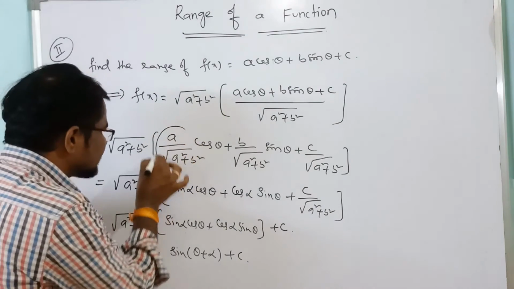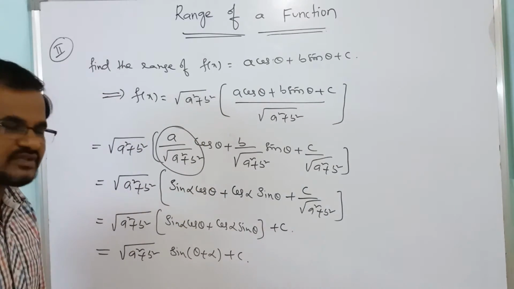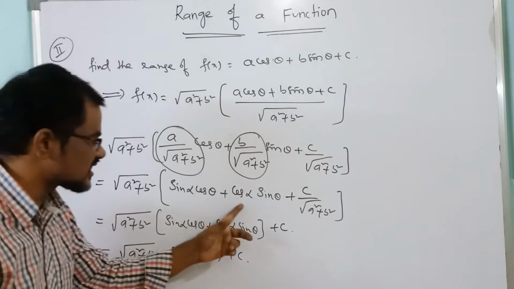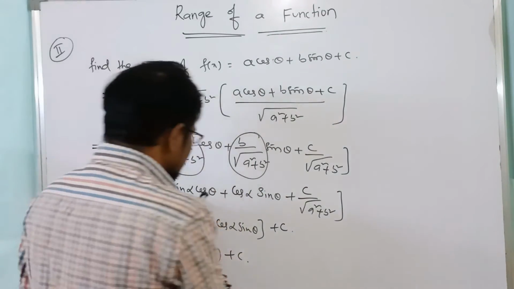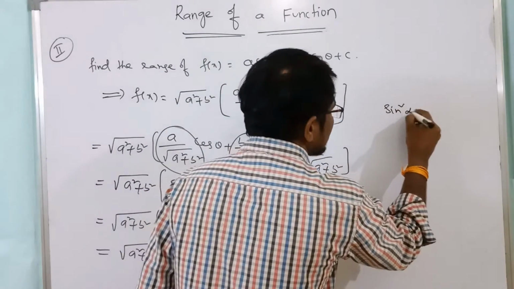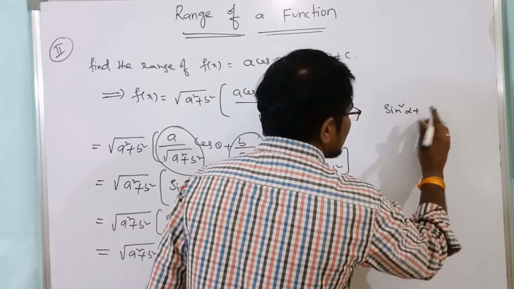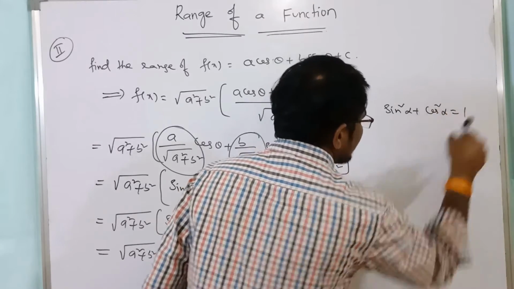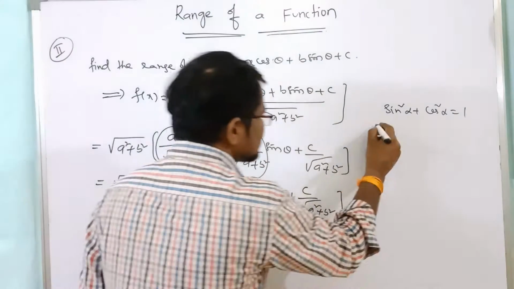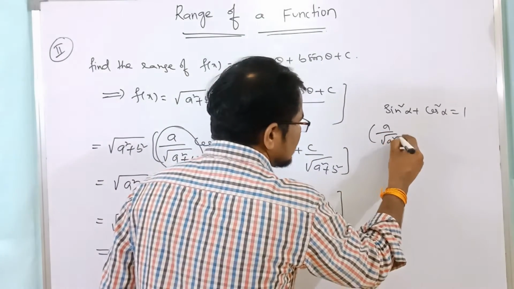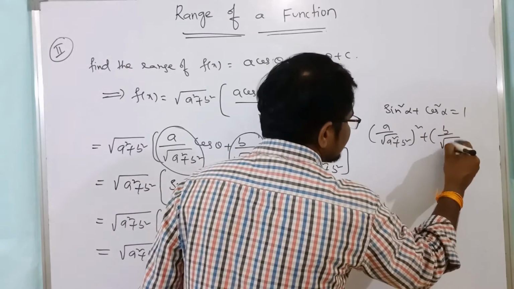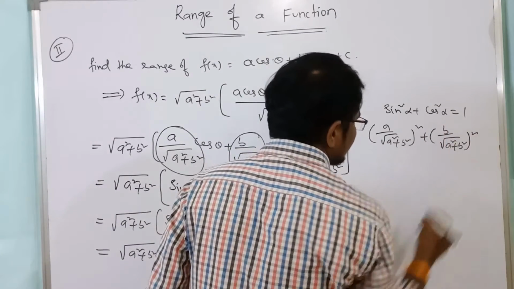So while we are taking this a by root of a square plus b square as sin alpha, how can we take b by root of a square plus b square as cos alpha? See, these two satisfy the trigonometric identity sin square alpha plus cos square alpha equal to 1. Here sin alpha equal to a by root of a square plus b square, whole square, plus b by root of a square plus b square, whole square.